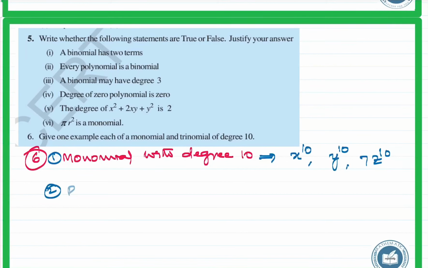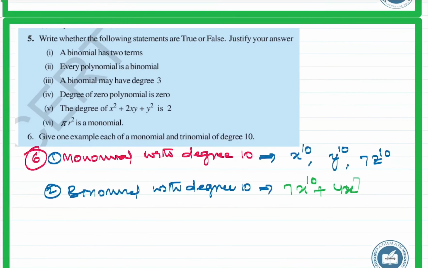Next, binomial with degree 10. Here, a binomial with degree 10, I can write 7x to the power of 10 plus 4x to the power of 7.